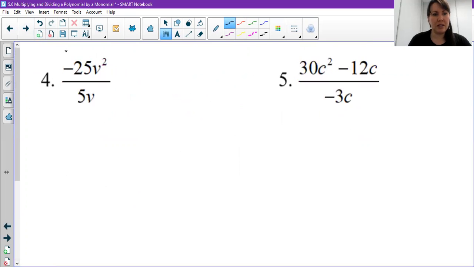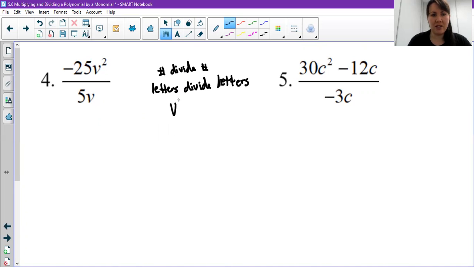Now let's take a look at dividing. So remember, we're going to follow the same rules. We're going to go numbers with numbers. Numbers divide numbers. And then letters divided by the letters. Okay, so remember when you're dividing something with the same base.